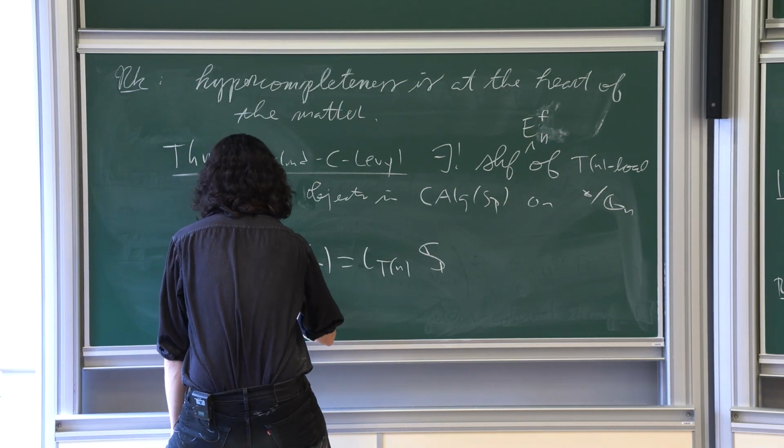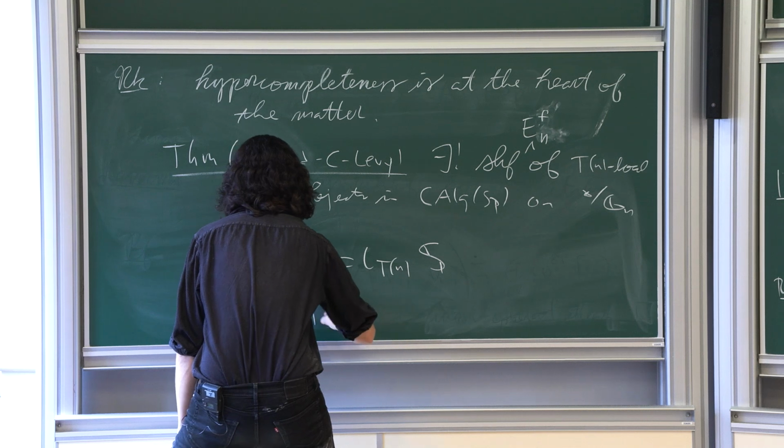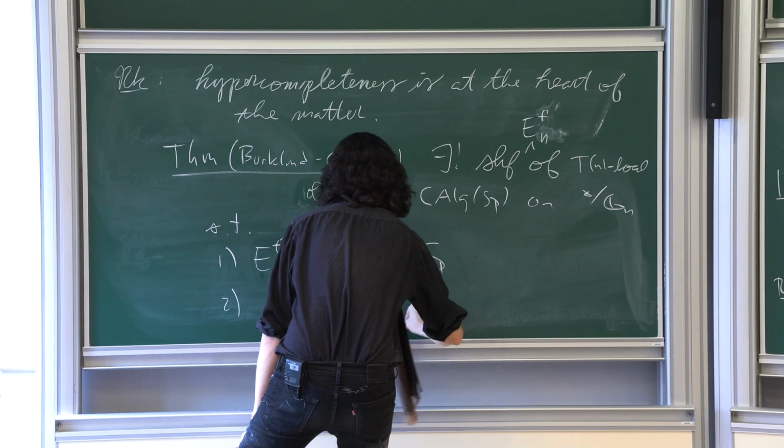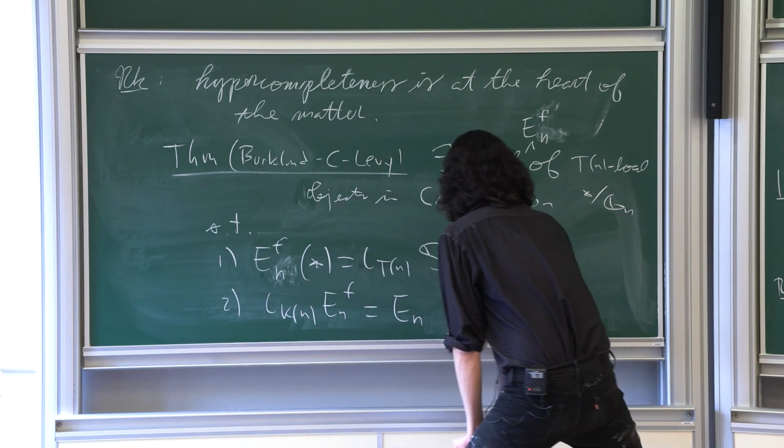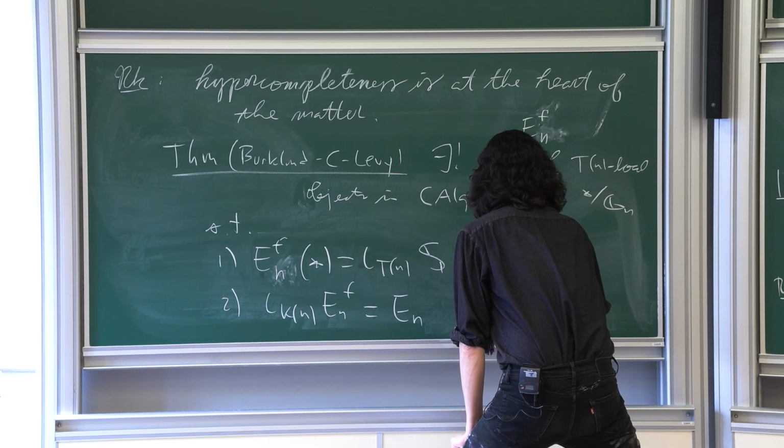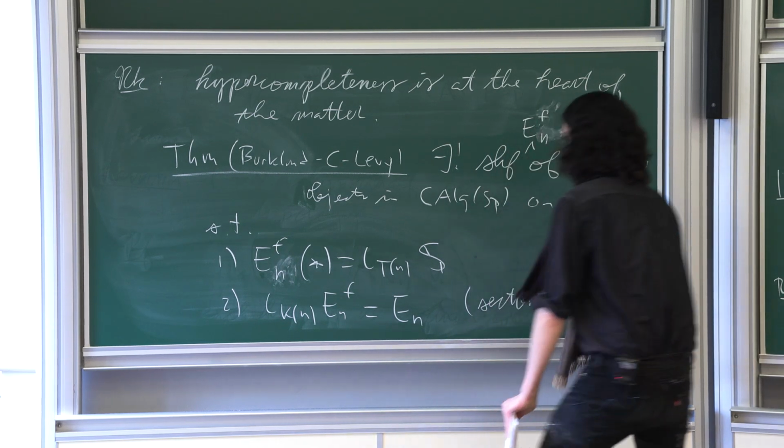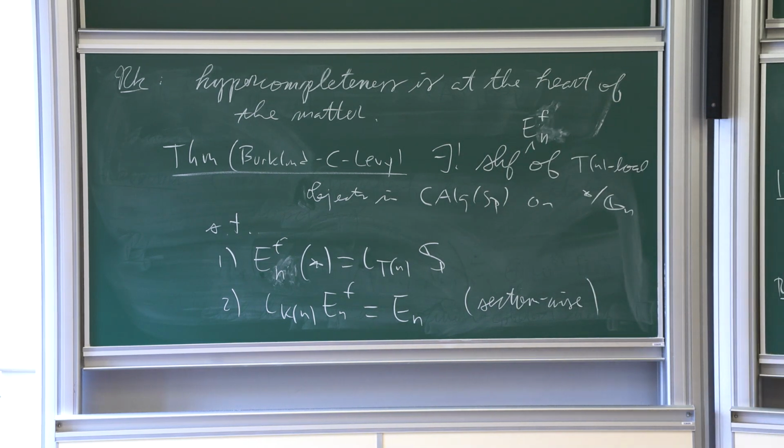The second thing is that if you Kn localize this ENF, you get En. And this is even section-wise, without sheafification, exactly.